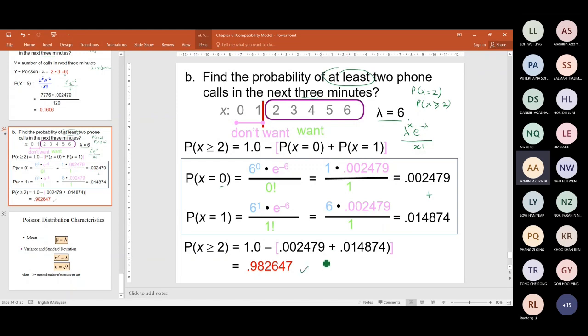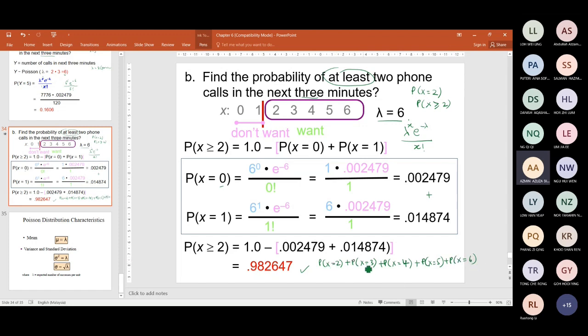Another way is finding the probability of X equal to 2 plus the probability of X equal to 3 plus X equal to 4 plus X equal to 5 plus X equal to 6, which is more tedious, right?